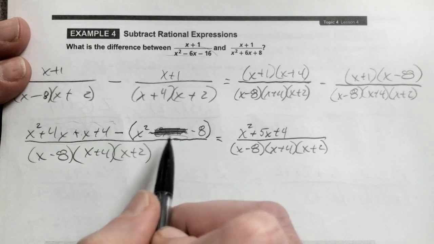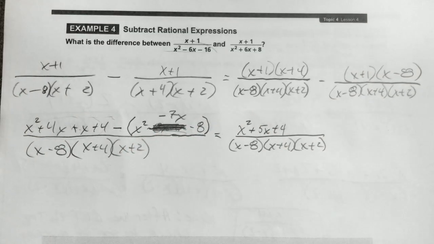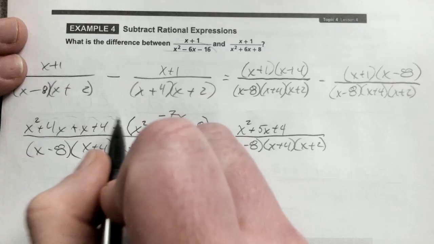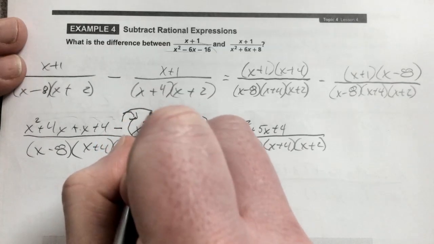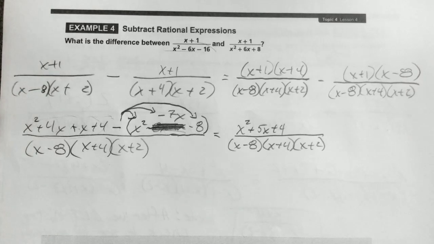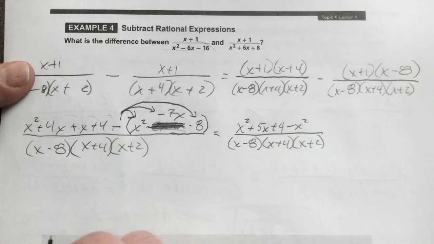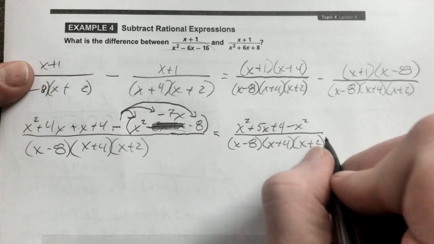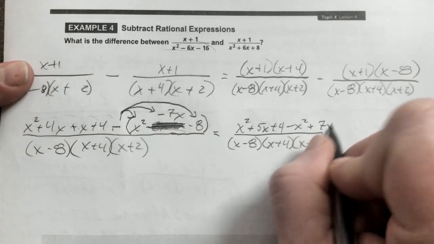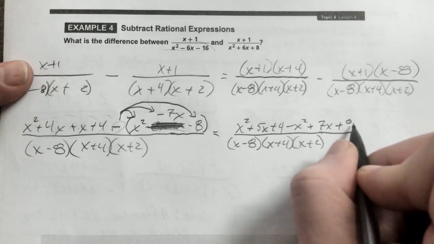A negative 8x plus x is a negative 7x. So I'm going to combine my like terms there, and then distribute my negative here, here, and here. So we have a negative x squared. Negative times negative 7x is a positive 7x. And the opposite of negative 8 is a positive 8.